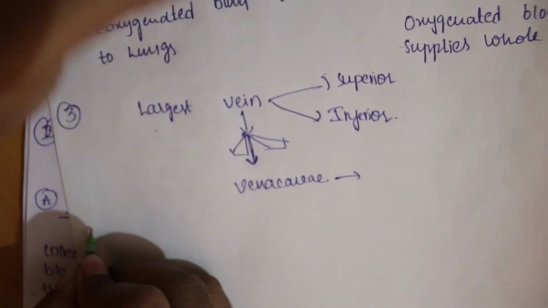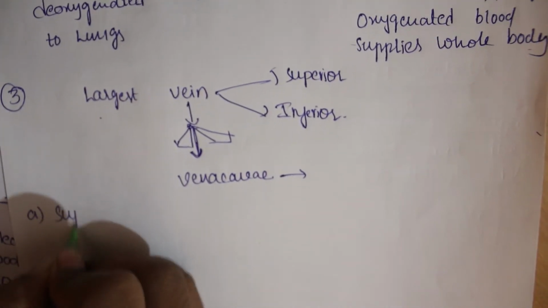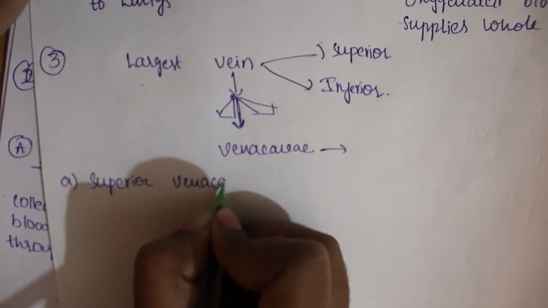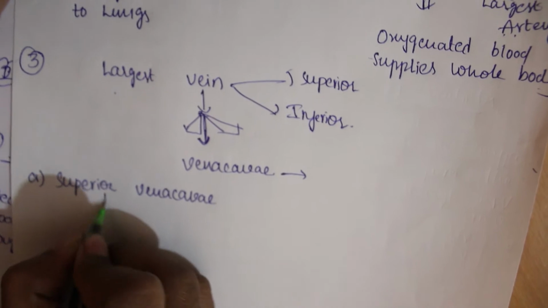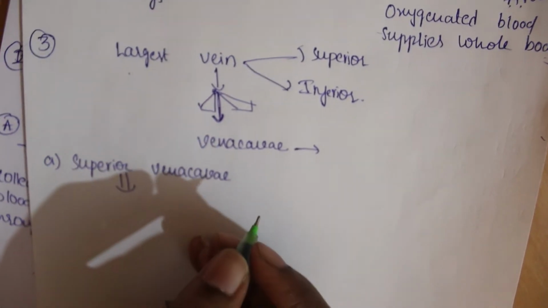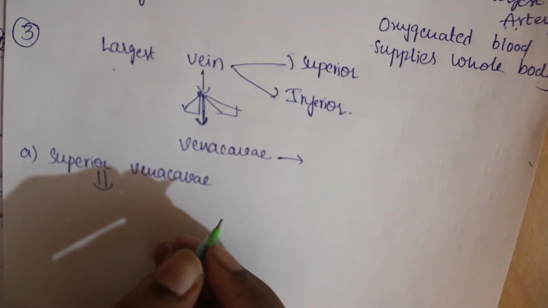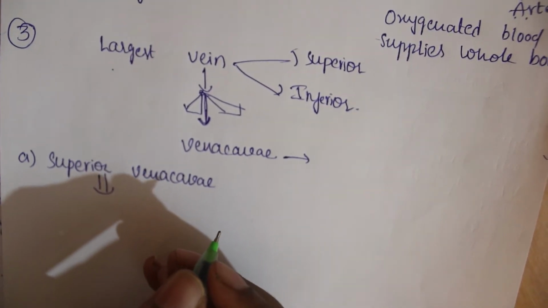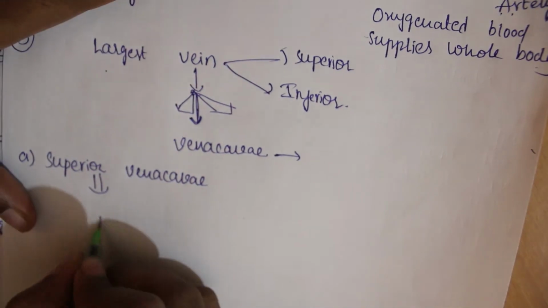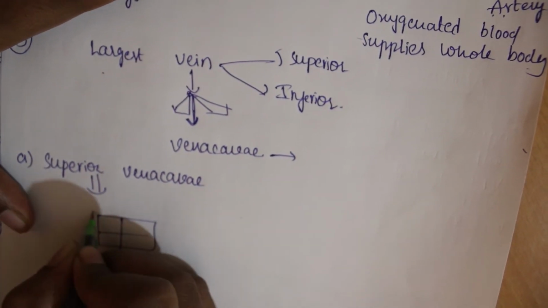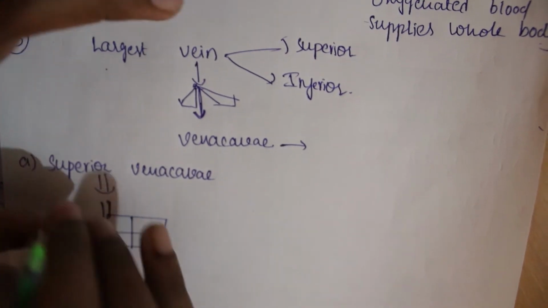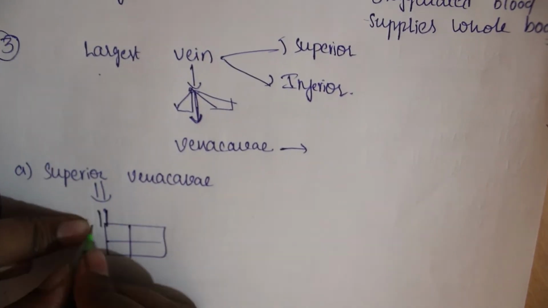Now move on to the first one, that is the superior vena cava. What is its main function? It is present on the upper side of the heart. I am roughly drawing here also. This is the superior vena cava. It is present on the upper side of the heart.